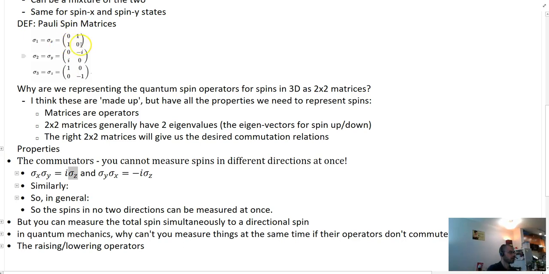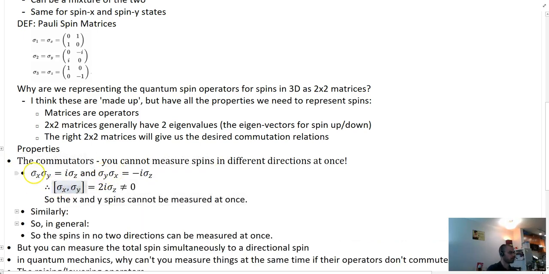And then this row multiplies that, so we get 1 times minus 1, which ends up down here. So we get i and minus i here, which is just this multiplied by i, right? So sigma x, sigma y gives you that. Similarly, you can multiply sigma y times sigma z, and you will get this. Sigma y times sigma x. So this is the same two, but in the opposite order, and you get a negative.